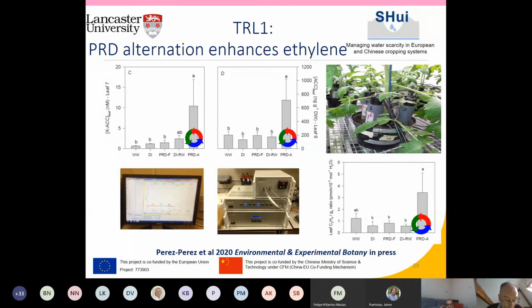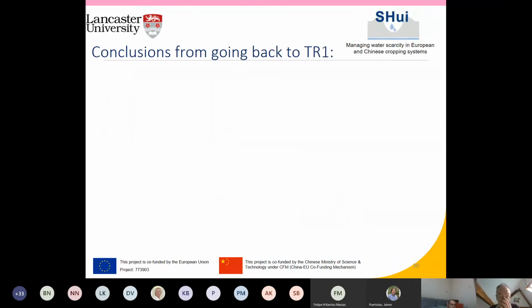And I'm also aware that in some cases, fruit harvest date has been substantially advanced by applying partial root zone drying. And I think this observation on ethylene is potentially quite important in trying to understand why you might get changes in fruit harvest date in plants exposed to partial root zone drying.